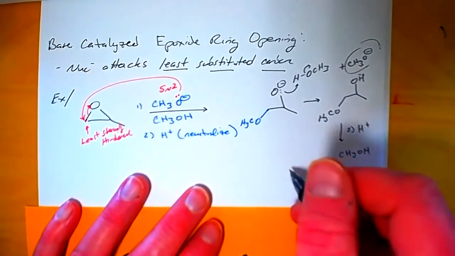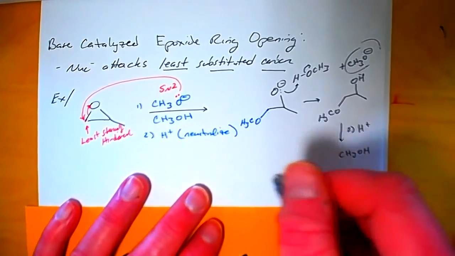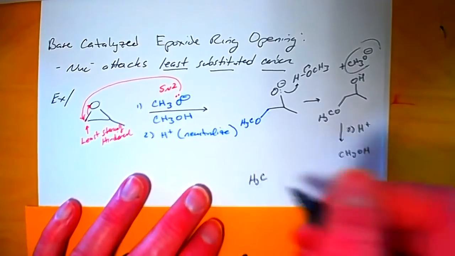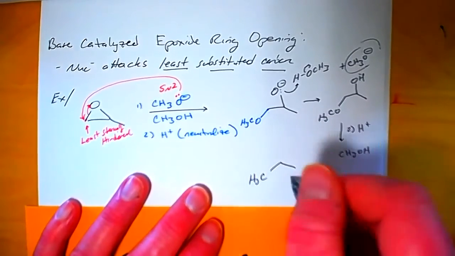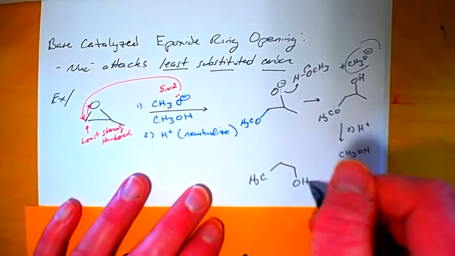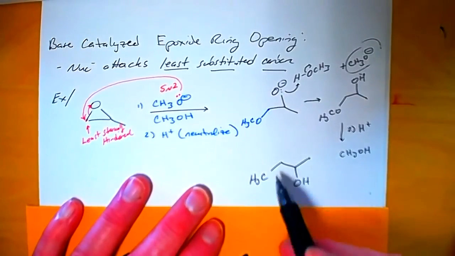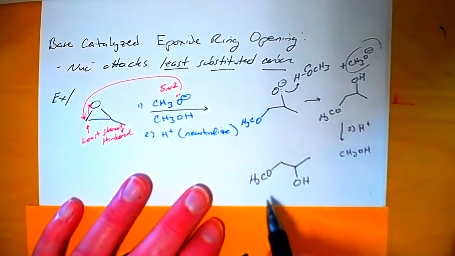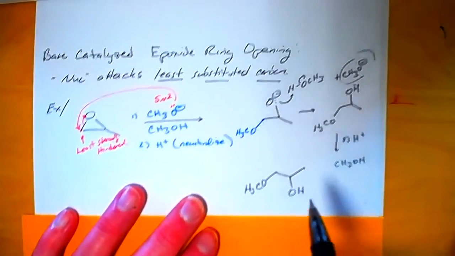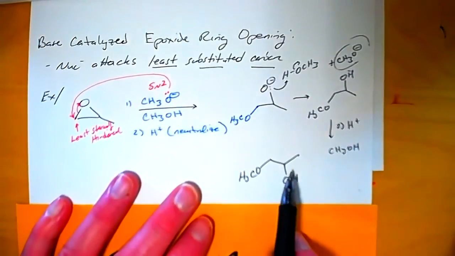But now if we draw out our product, you're going to see the product here is a little bit different than the one that we saw before. This is now the ether that we are producing, and notice that it is a completely different product than the one from before.